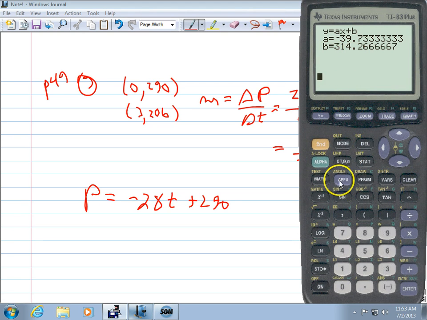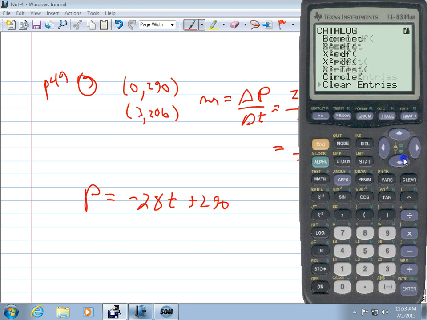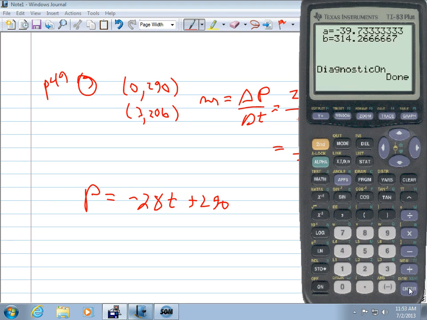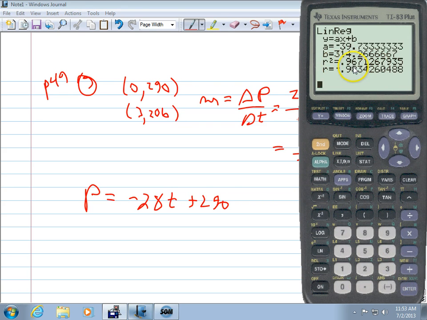Go to second, 0 is catalog. Go down to the D's. Look for diagnostic on. You have it already. You have the R squared. Diagnostic on, hit enter, enter. And then when you run it again, second enter, enter, it gives you the R squareds. And what that says is that it's hitting 96% of the time, it's hitting the points as a linear function. That it matches it 96% of the time.